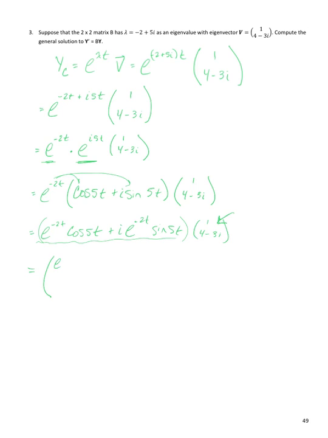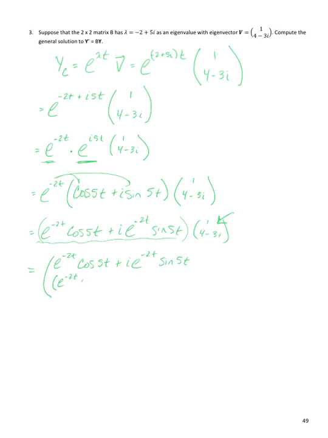It's just going to be the same thing: e to the negative 2t cosine 5t plus i e to the negative 2t sine 5t. And then the second entry is going to be pretty messy. I'm going to have to FOIL. So I'm just going to write out the multiplication for this step, and then I'll multiply it in the next step.